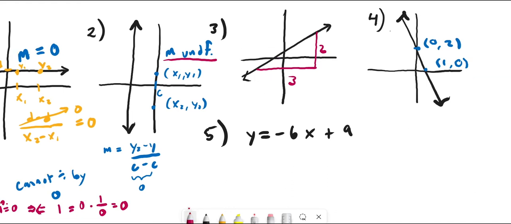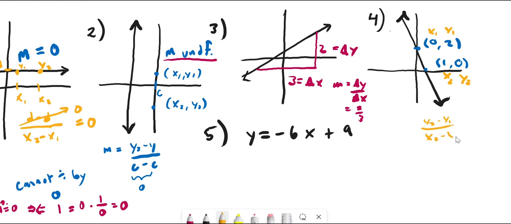Let's go through these a little bit more quickly. This is my delta x. This is my delta y. And so m, which is delta y over delta x, is just 2/3. Likewise with this one, we need to remark what is x1. Doesn't matter which one I pick as long as I keep them together. Let's call this x2. And so our slope is going to be y2 minus y1 over x2 minus x1.